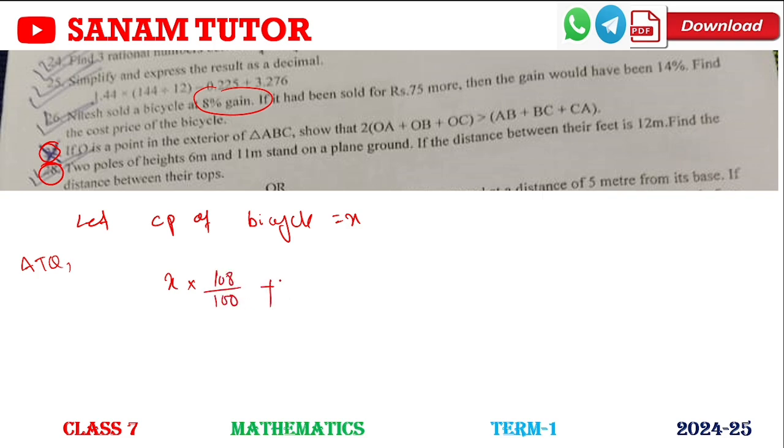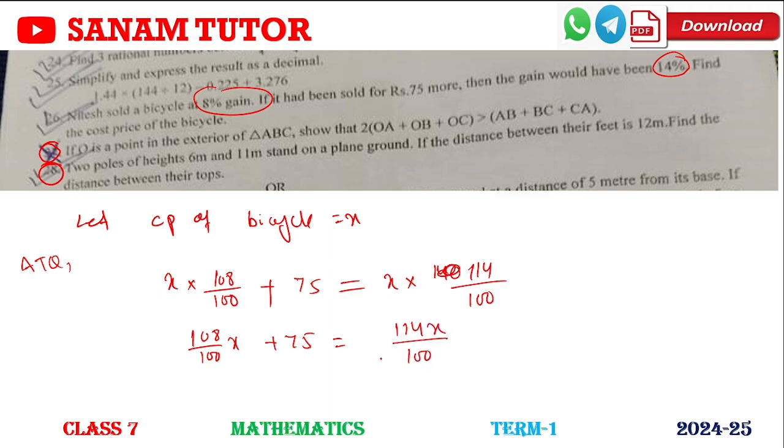When we add 75 rupees, then the SP is equal to X into profit 14%, means 114 by 100. Now solve. This is 108 by 100x plus 75 equal to 114x by 100.